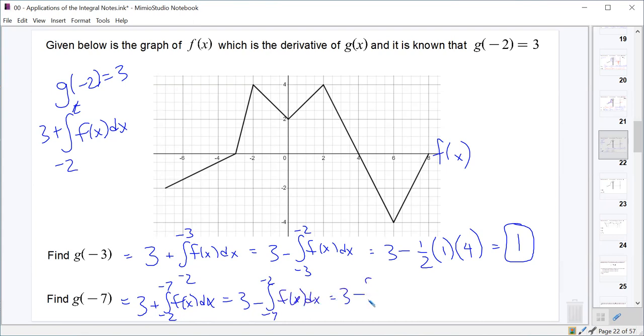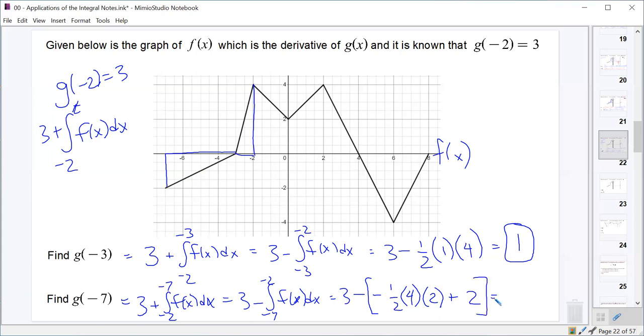The -7 to -3 piece of it is below the x-axis, so -1/2, the base of 4, we've done that triangle before, and a height of 2, and we'll add to that the little piece that we just found, the 1/2 base times height for this triangle, which is just 2.